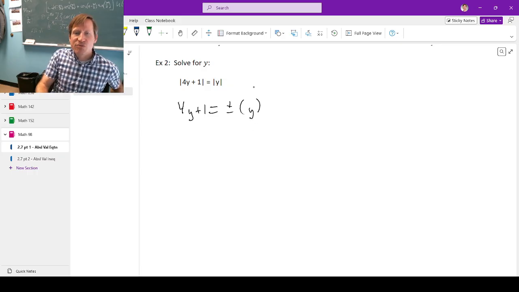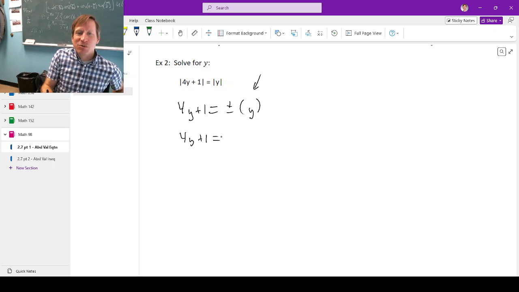I've written these parentheses around my y, so 4y plus 1 equals plus or minus, and then inside parentheses y. One reason why it's nice to put the plus or minus on the right-hand side is the parentheses don't actually make any difference because y is the only thing inside them. So we can write this as 4y plus 1 equals plus or minus y.